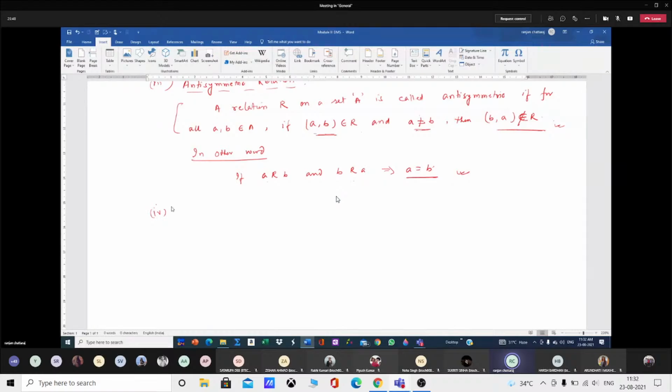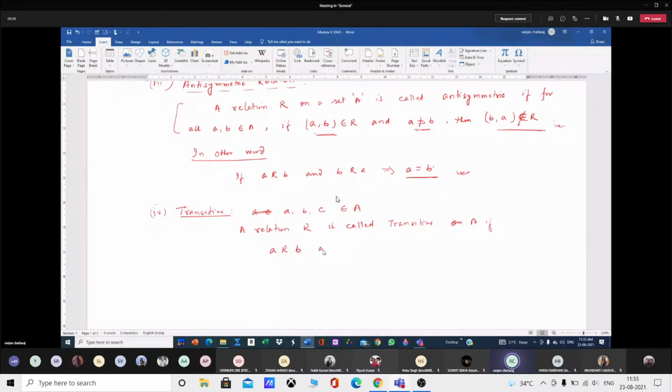If A, B, and C, these three belong to A, then a relation R is called transitive if A is R related to B and B is R related to C, then A must be R related to C, if such conditions arise.